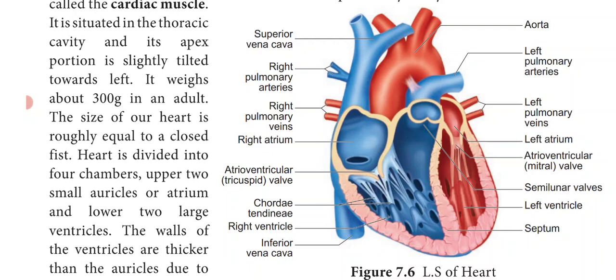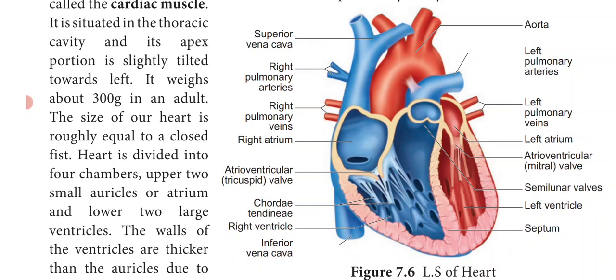The heart is divided into 4 chambers. Chambers means rooms, so the heart has 4 rooms. The upper chambers are called auricles, so there are 2 small auricles, and the lower chambers are called ventricles.